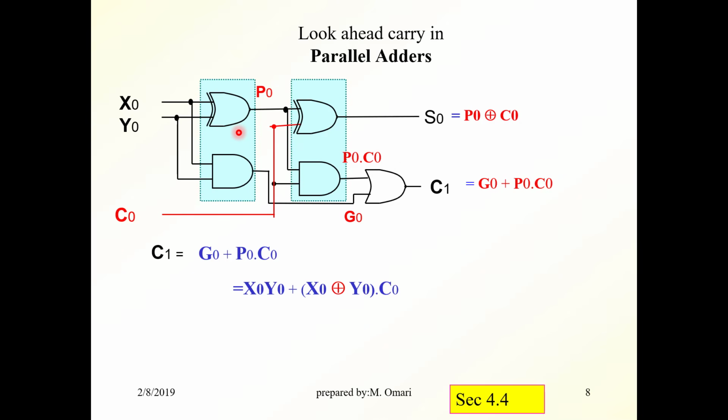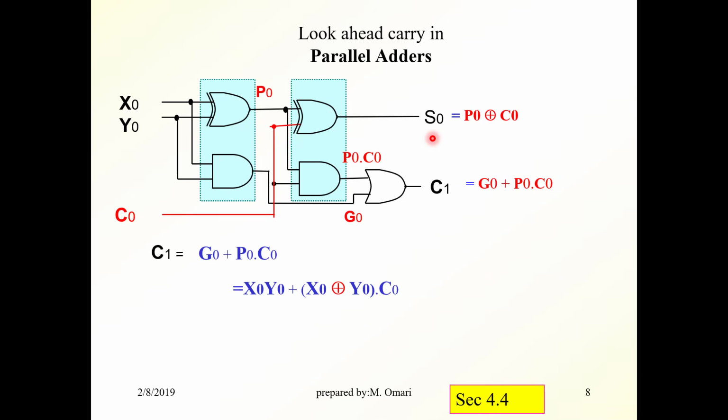This is the full adder number 0. It has the inputs X0, Y0, and C0. Now, let's assume that the output of this gate here is called P0. And the output of this gate here will be equal to P0 ANDed with C0. The input to this gate is the output of this gate. Let's call it G0.